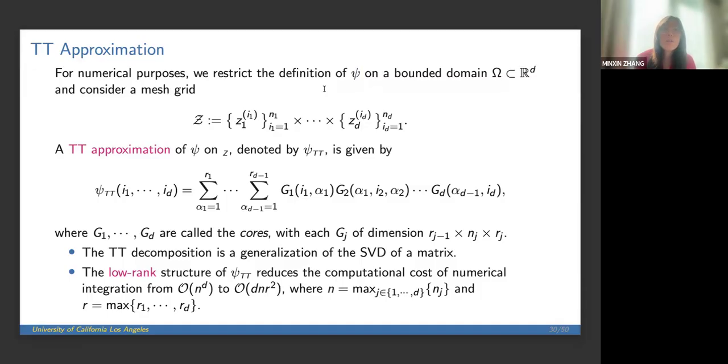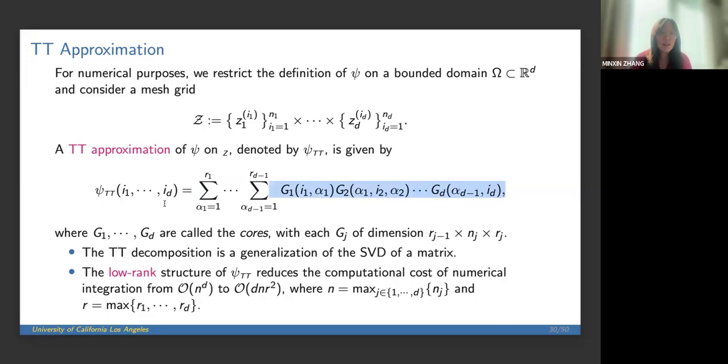Because we want to view it as a tensor, it needs to be restricted within a bounded domain so that we can consider a mesh grid for this discretization. A tensor-train approximation of this high-order tensor on this mesh grid Z, which we call psi TT, is given by the formula here, which is basically a linear summation of products of a number of low-rank tensors from G1 to GD.